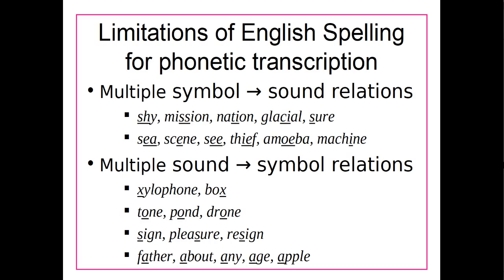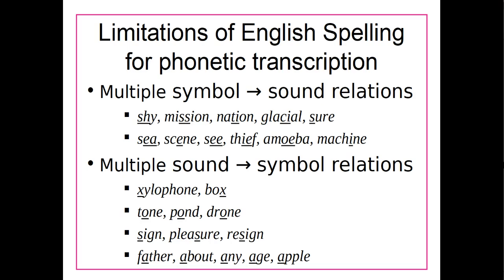If you look here, we have shy, mission, nation, glacial, and shore. So it's five different words with five different ways to represent the sound sh. We have see, seen, sea, thief, amoeba, machine. Again, we have six different ways to represent that one vowel sound.